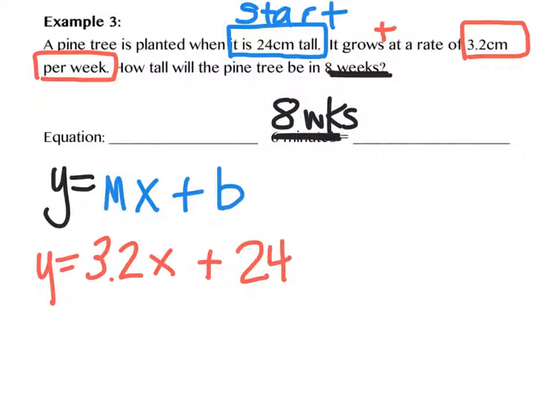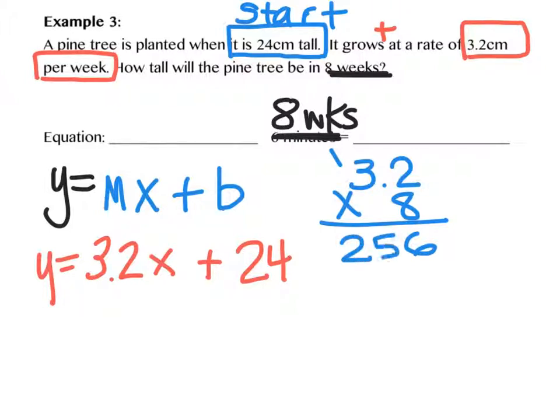I don't know 3.2 times the number in my brain, so I'm going to have to work it out. We want it to grow for the 8 weeks. So 3.2 times 8. 8 times 2 is 16. 3 times 8 is 24. Plus 1 is 25.